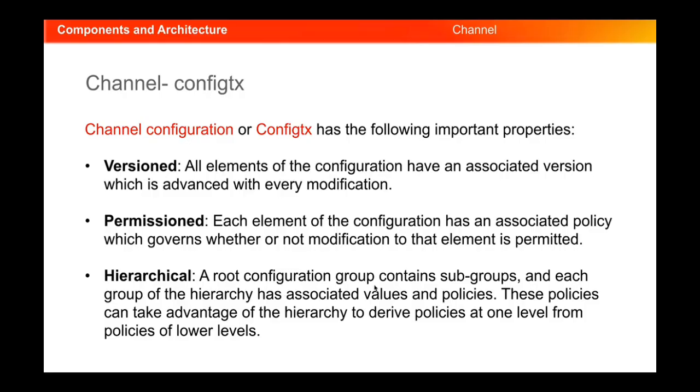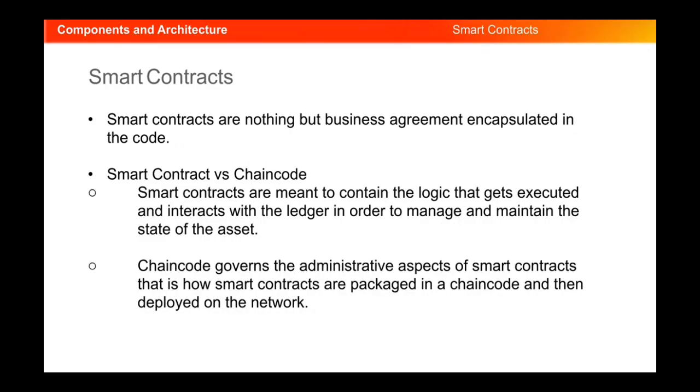A root configuration group contains subgroups, and each group of the hierarchy has associated values and policies. These policies can take advantage of the hierarchy to derive policies at one level from the policies of a lower level. We will understand all these policy derivations, why it is versioned, and how it can provide permissions when we use this configtx tool to generate the Genesis block and much more channel details.